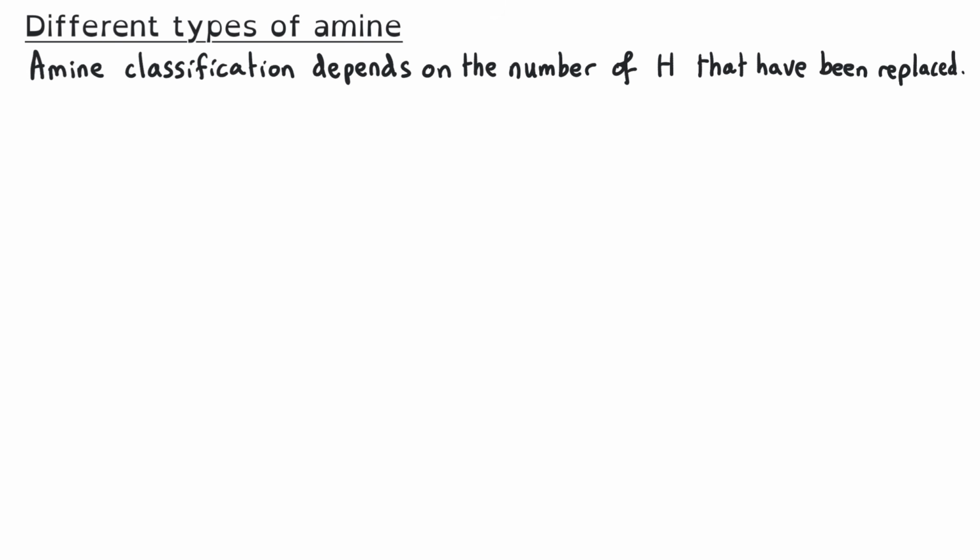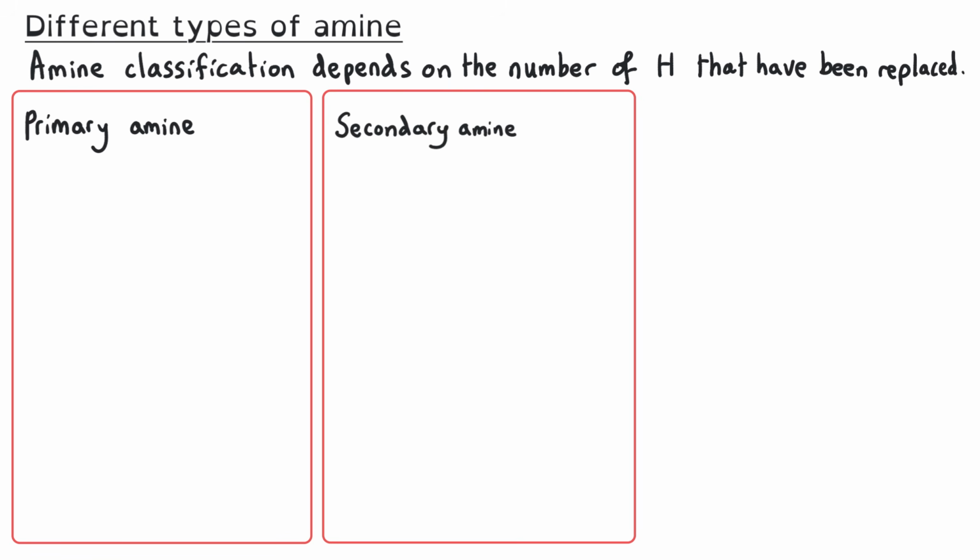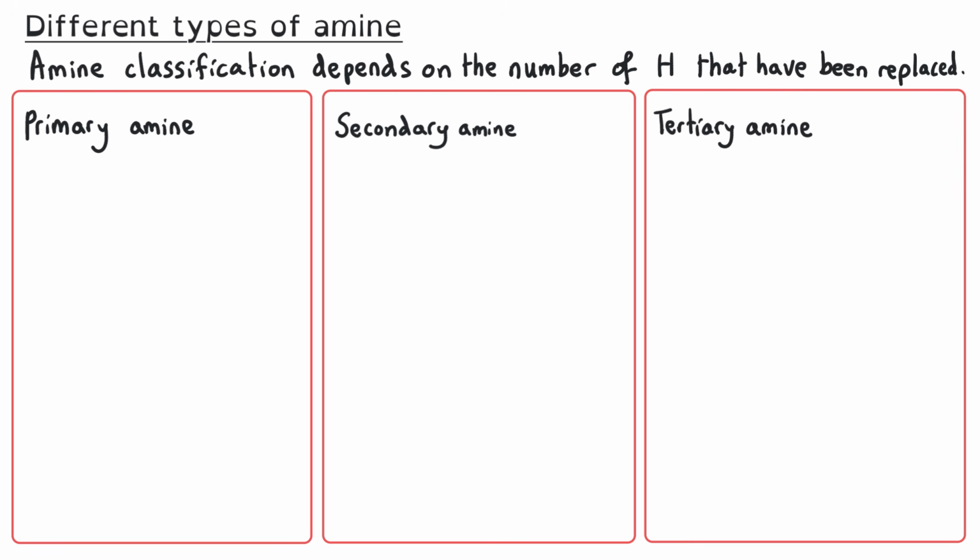Now that we've seen the differences between aliphatic and aromatic amines, let's look at how we can classify amines as primary, secondary, or tertiary. The classification depends entirely on how many carbon chains, so that's alkyl or aryl groups, are directly attached to the nitrogen atom.